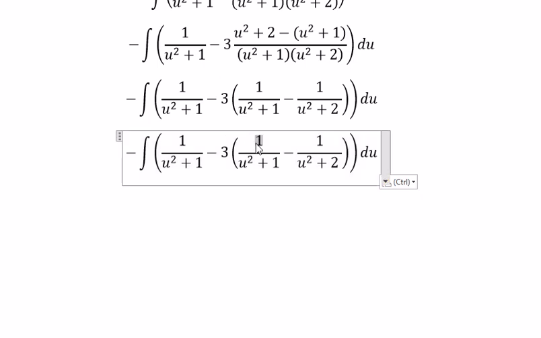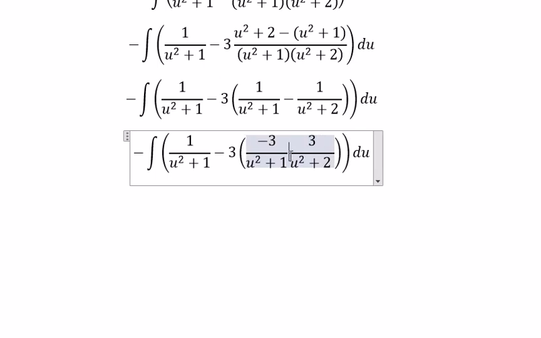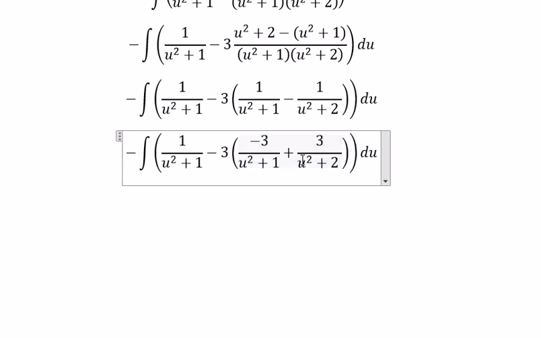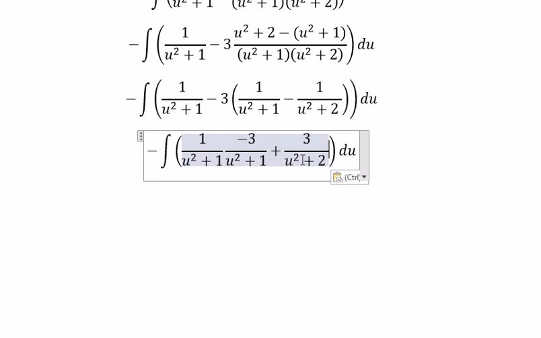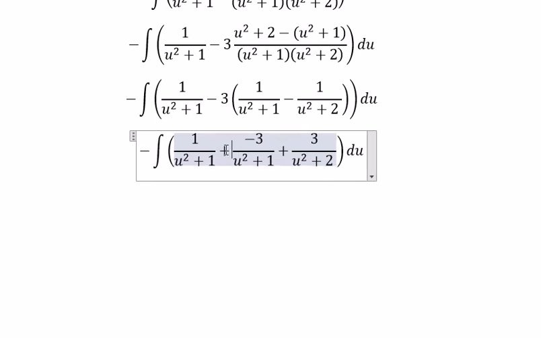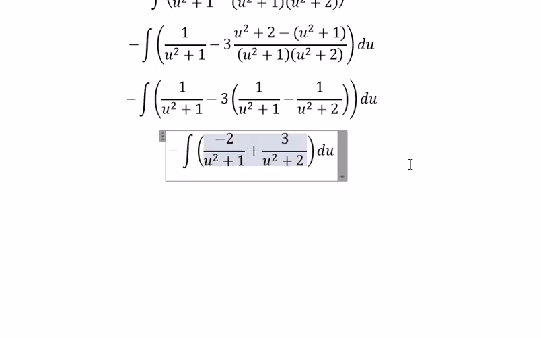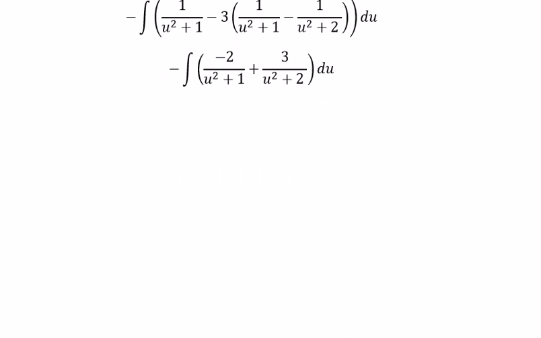This one you get negative number 3. This one you get positive number 3 because we have the negative in here. 1 minus 3, you get negative number 2. And now we can get the final answer. The integral of 1 over u square plus 1 gives arctan of u.